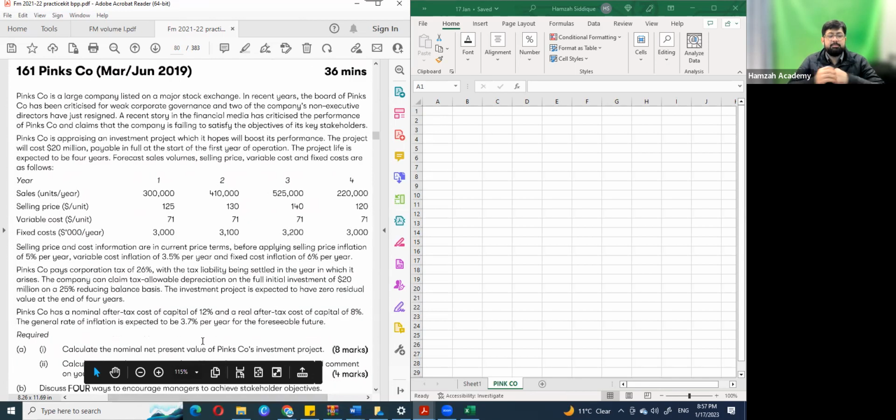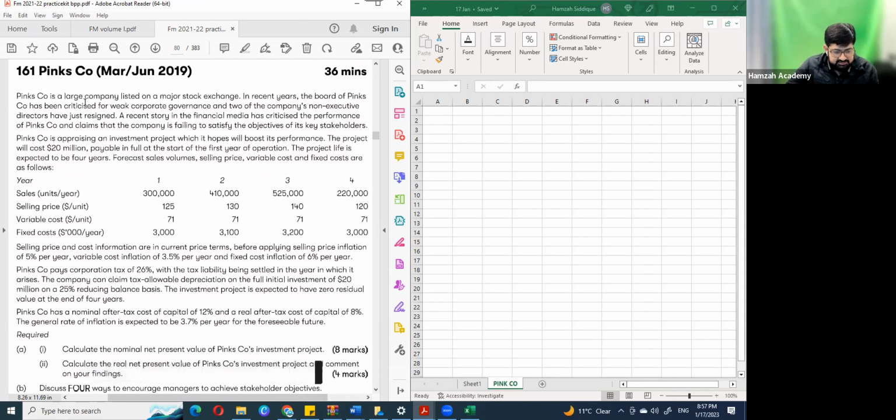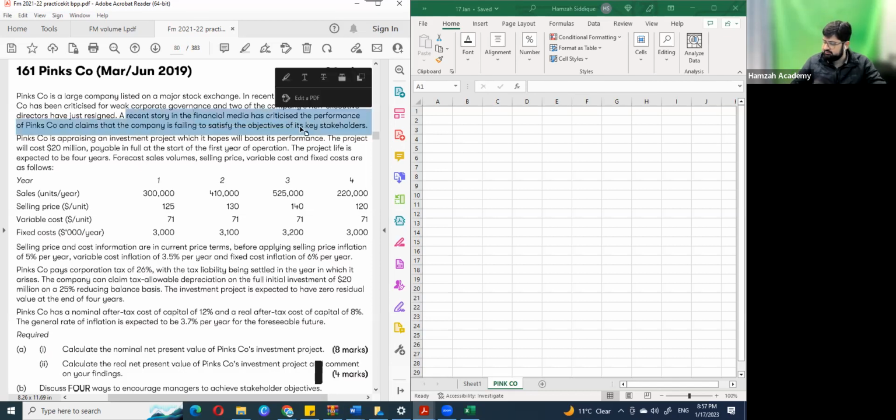Pink Company is a large company listed on a stock exchange. In recent years, the board of Pink has been criticized for weak corporate governance, and two of the company's non-executive directors have just resigned. A recent story in the financial media has criticized the performance of Pink and claims that the company is failing to satisfy the objectives of its key stakeholders.